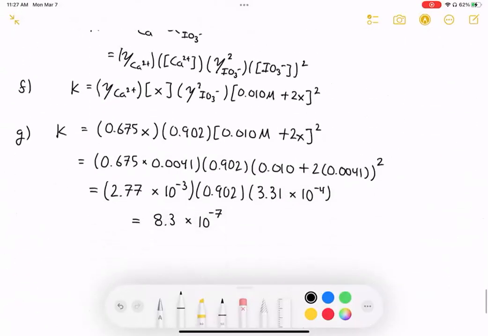What happens is the equilibrium shifts. So we perturb the equilibrium. It will shift to the right to form more solid in this case. Sorry, to the left in this case.